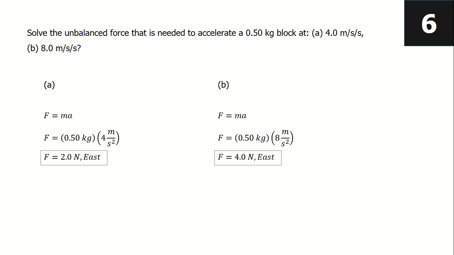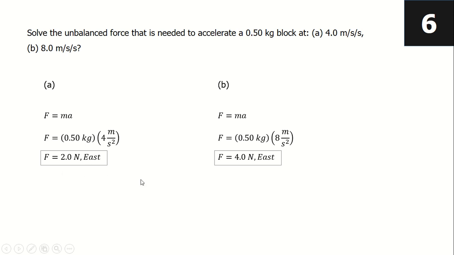So this example is a very good way to illustrate the effect of a net force that you applied on an object. Okay, so we have the same object, but in the first case, you applied a net force of 2 newtons, and in the second case, you applied a net force of 4 newtons. So the mass is the same since we're talking about the same object. What will be the acceleration, the resulting acceleration?